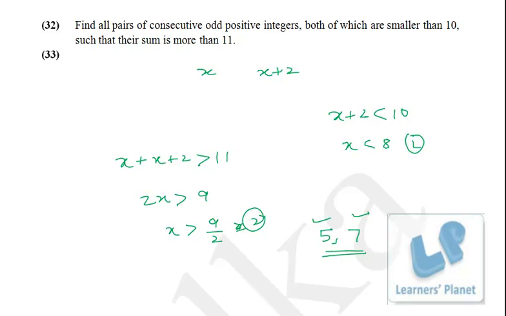So one pair is 5, 7 and the other pair will be 7 and 9. Because in this case x is less than 8 and over here also x is less than 8. So this is x plus 2, this is x plus 2. So that's very simple and interesting, and I hope you are clear with it.